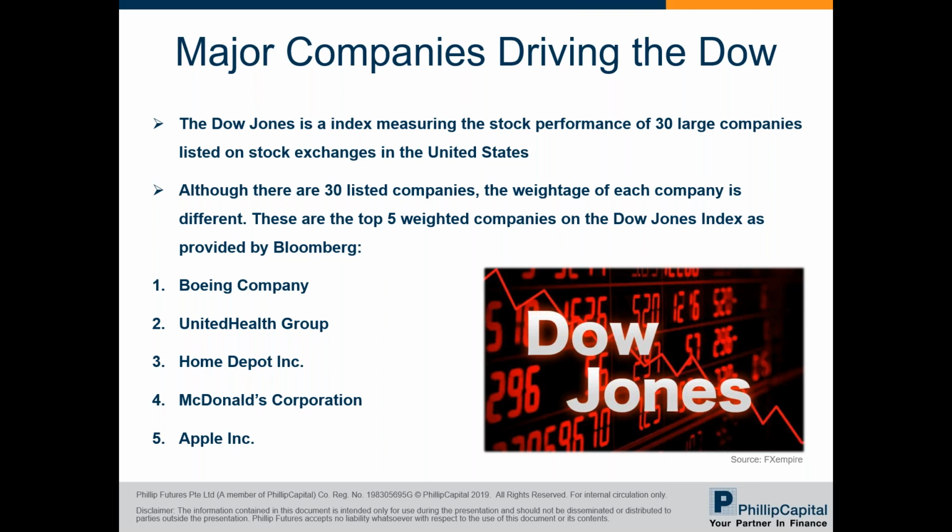These are the five most heavily weighted companies on the Dow Jones Index as provided by Bloomberg: Boeing Company, United Health Group, Home Depot, McDonald's, and Apple. Any stock price movements in any of these five companies would definitely affect the index much more than the other 25 companies. So you definitely have to look out for these five companies and their stock price when you're trading the Dow Jones.